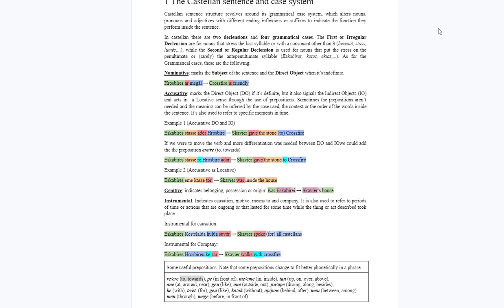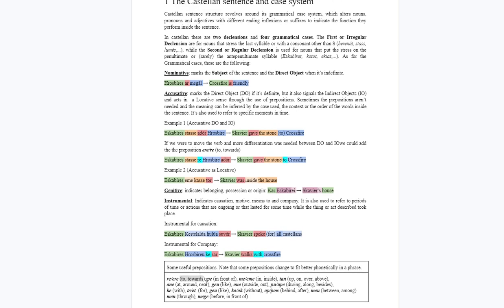They are changing depending on where they are in the sentence, and that is because whereas in English we mostly use prepositions like some you can see here, for example, to, towards, or in front of, inside, to express the meaning of the sentence or the sense or the function of a certain word inside of the sentence.